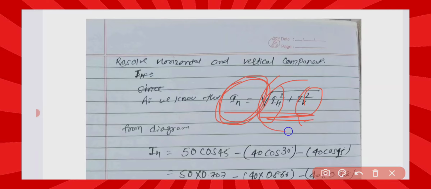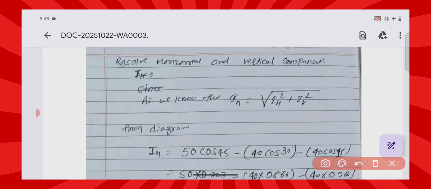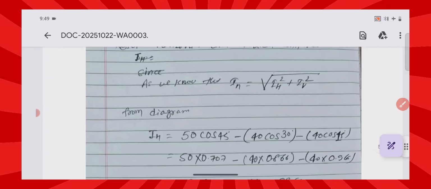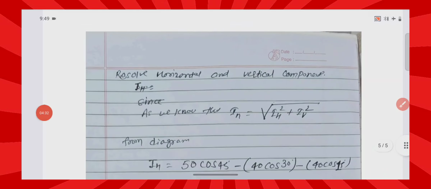For calculating horizontal and vertical components, first we have to calculate the angle. Here we will use one theory: in a 3-phase 4-wire system, already given in the question, all the phase voltages are 120 degree apart.